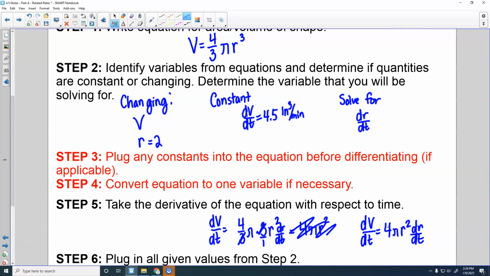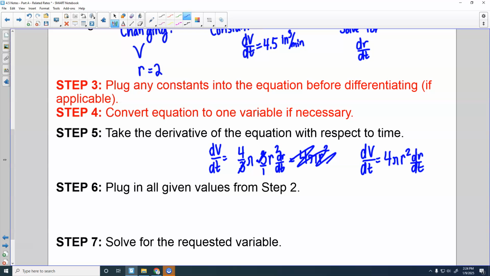Everybody good here? If you can get here and you have already identified this stuff, you are usually pretty good. You just have to plug those numbers in. So r is 2, dV/dt is 4.5. So we'll plug in 4.5 right here. We've got 4 pi times 2 squared times dr/dt.